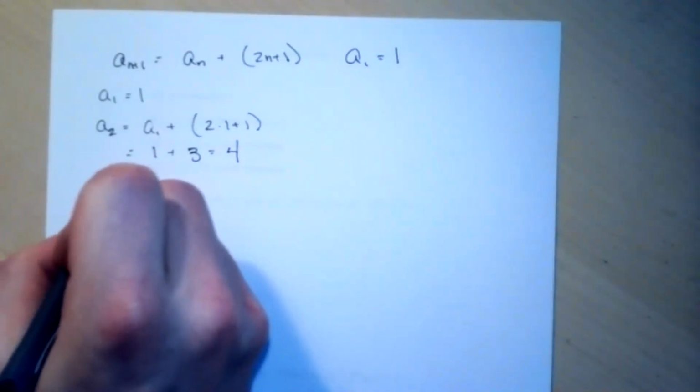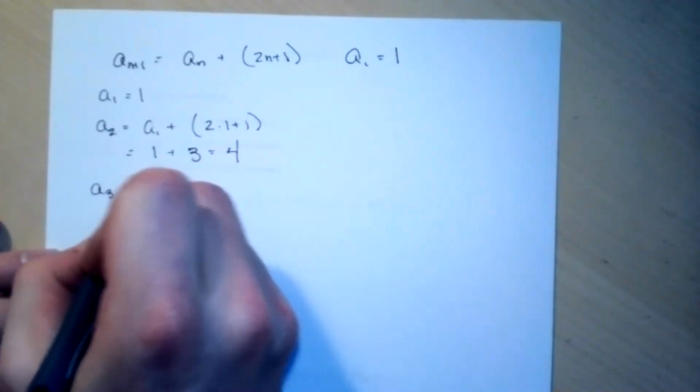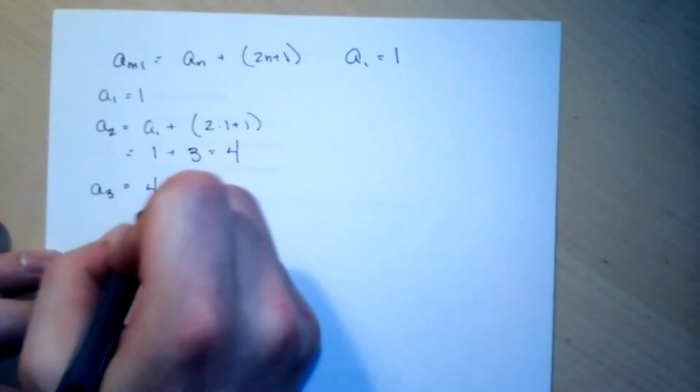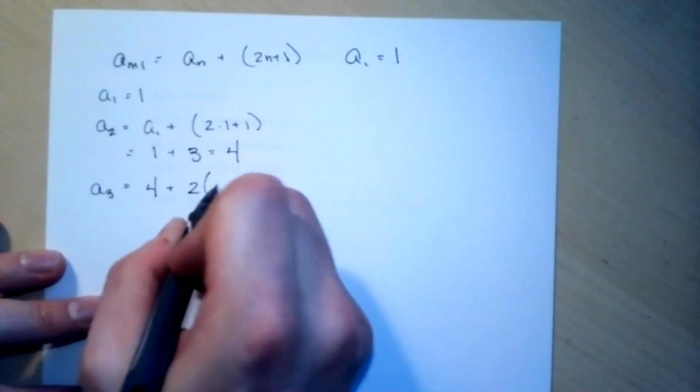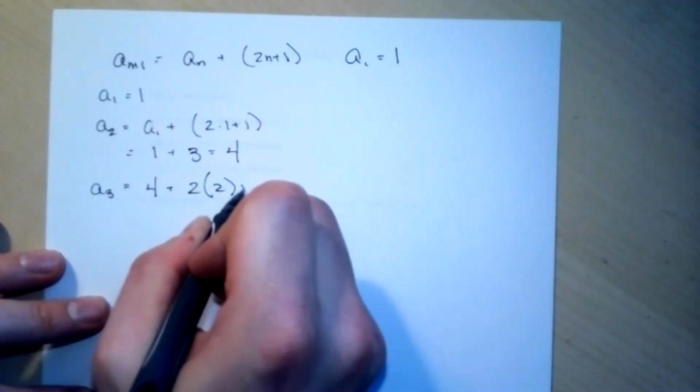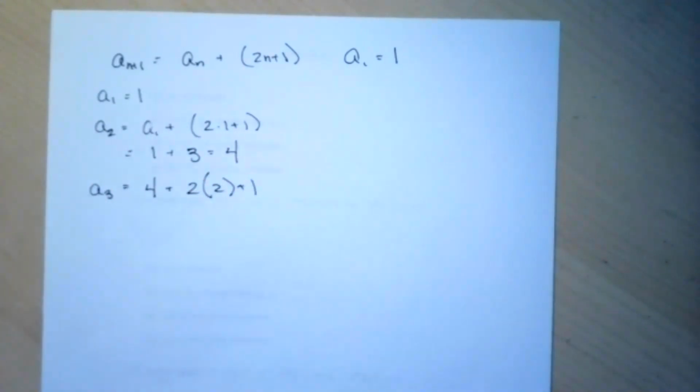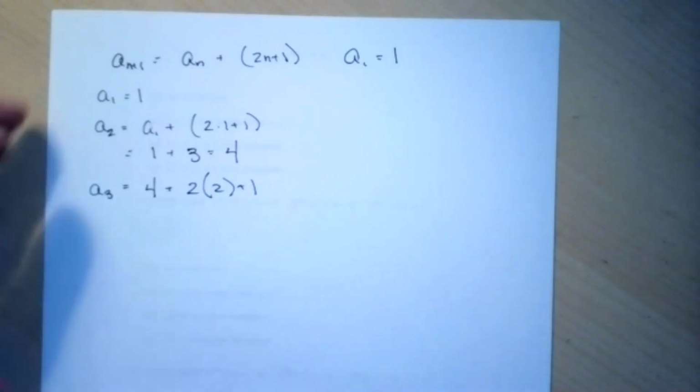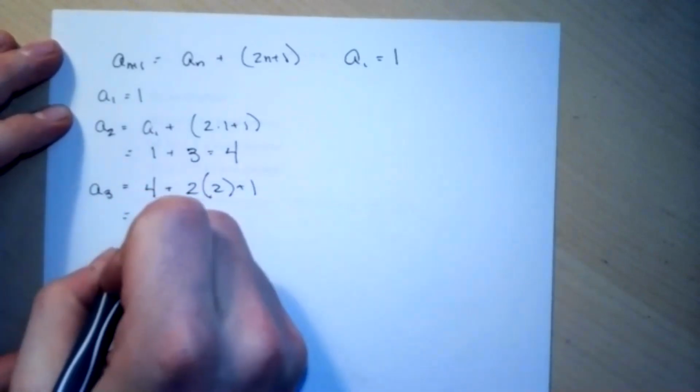Our a_3 is going to be a_2 plus 2 times 2 plus 1. So that'll give us 9.